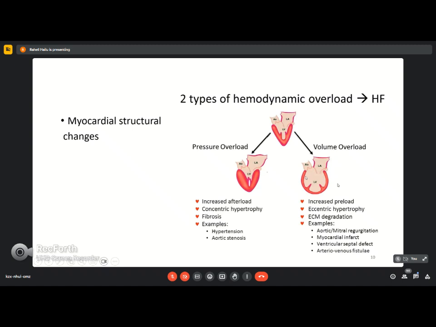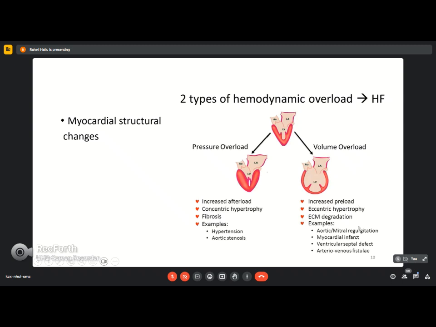But if you have open valves during systole, then when the left atria or the right atria contract, they can dump a certain amount of volume within the ventricles, resulting in high volume in the ventricles even after the systolic phase has ended. So any sort of regurgitant lesion results in volume overload.